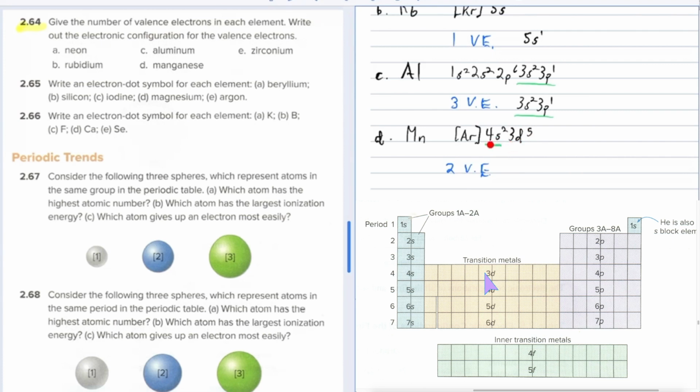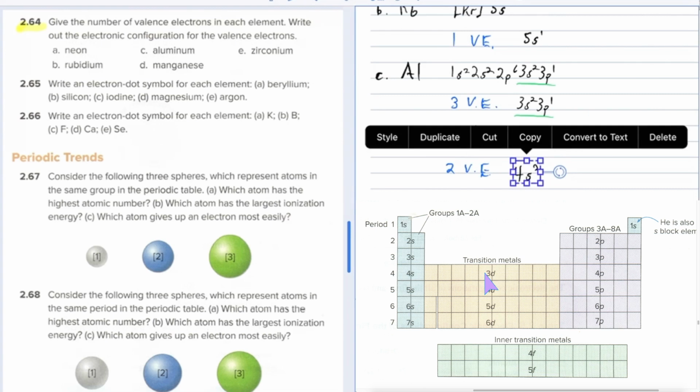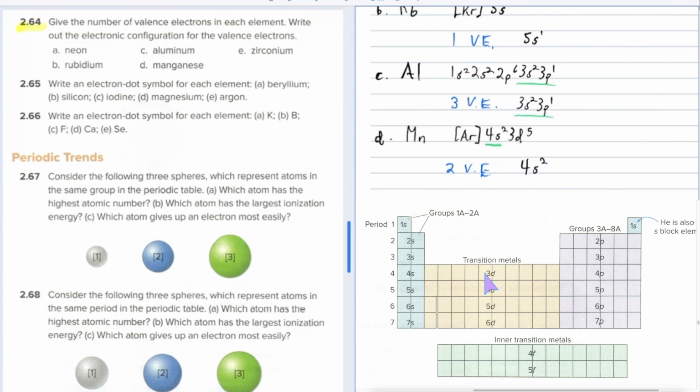So it's the highest energy level that gives the valence electrons. Sometimes the valence electrons come before the end of the electron configuration, like in this case. So we could really just copy that part down and paste that.